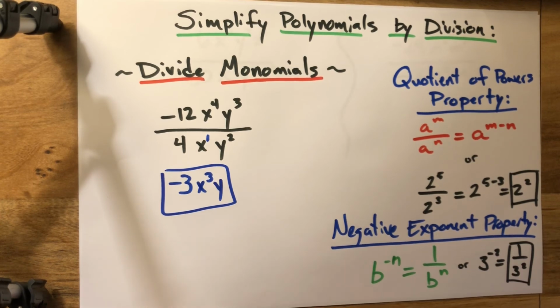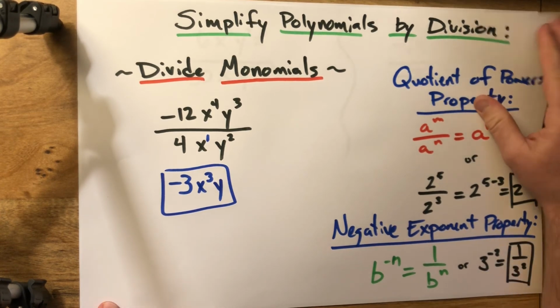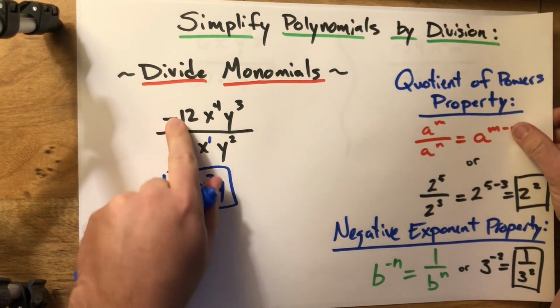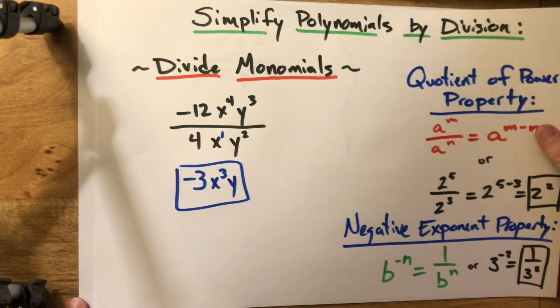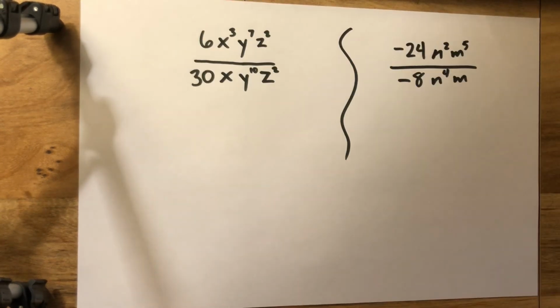Real quick, I want to take a look at a couple more of these, just some situations. By the way, keep in mind, a negative divided by a positive is a negative number. Let's get that out of the way. Moving along, we have 6x to the 3rd, y to the 7th, z to the 2nd, all being divided by 30x, y to the 10th, z to the 2nd.